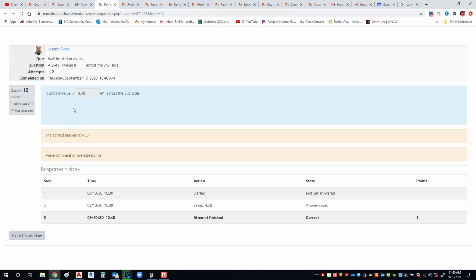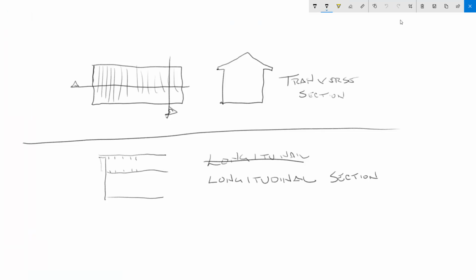Next, a 2x4's R value is blank across the 3.5 inch side. Here's where I think some of you overthought it or didn't think hard enough. I'm not rightly sure about that. Let's take a look at this so we can understand what's going on here.